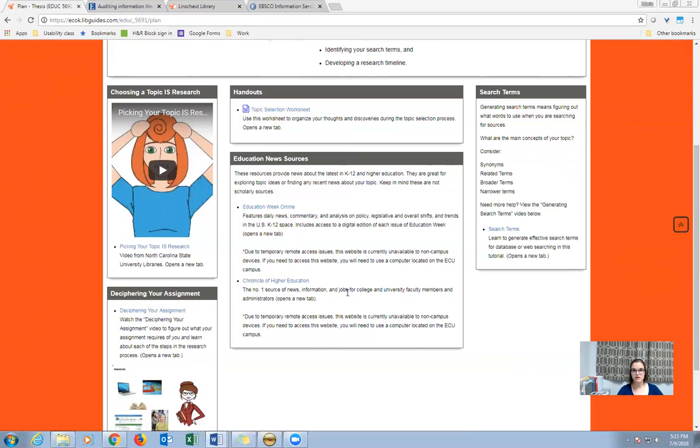And we pay for both of these sources, so you are welcome to use them for free. If you use a link that's not one of these links, you would be asked to pay for it. So use one of these links and you should be good to go once you log in with your MyECU login. And these sources are not peer-reviewed sources, but it would help you know what's being said about your topic right now in the news.